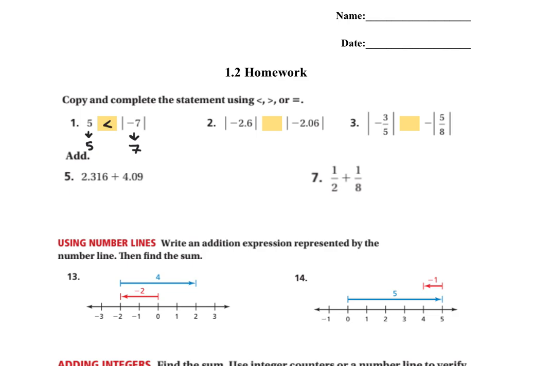Okay, for the next one, taking the absolute value of both of these, I'm going to get positive 2.6 and positive 2.06. When I go to compare, remember we have to compare based on each of their place values. In my ones spot, they're both 2. When I get to the tenths place, I have a 6 and I have a 0.